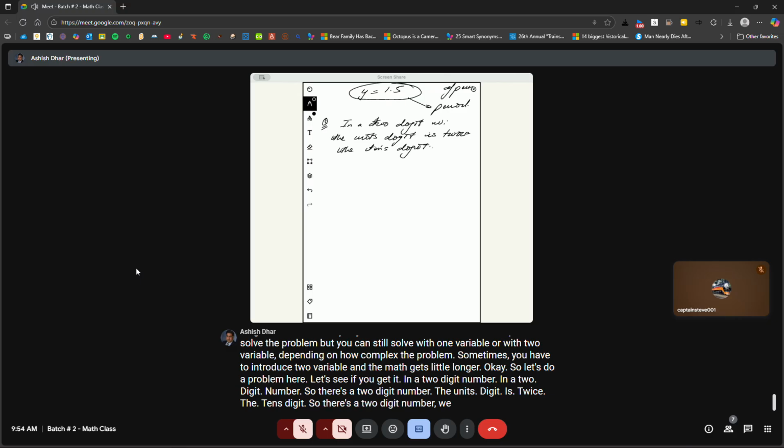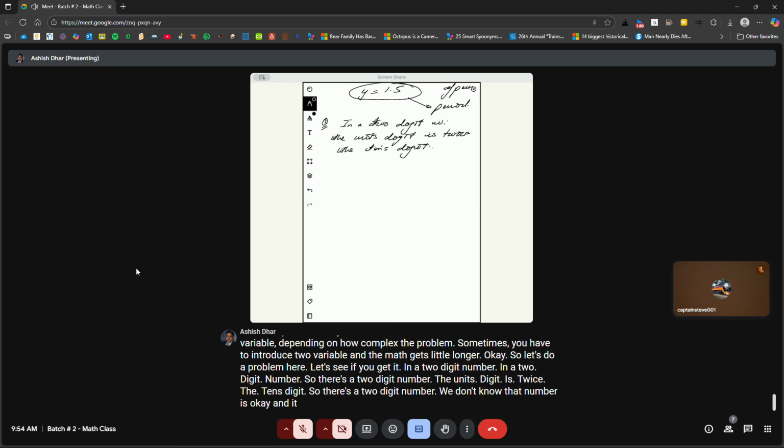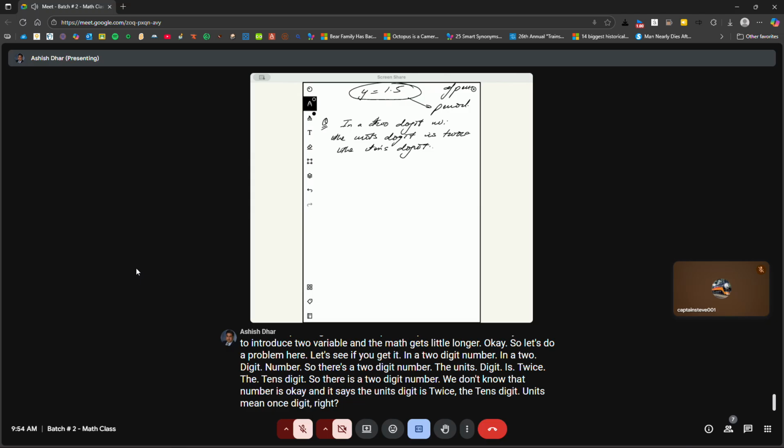So there's a two-digit number. We don't know what that number is, okay? And it says the units digit is twice the tens digit. Units means ones digit, right? The first digit, correct?